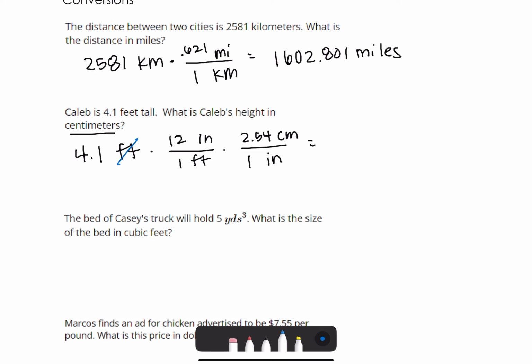So then we have our feet unit canceling, and then our inches units are canceling, and then we multiply that out. So this person is 124.968 centimeters tall.